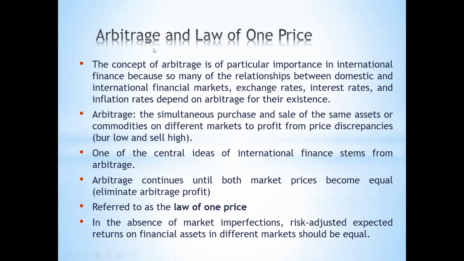If you go back to your session again, you can now understand why we say the exchange rate is determined based on interest rate and inflation rate. And all these things depend on arbitrage experiences. Right? So arbitrage leads to the law of one price. So actually this law of one price is reflected through our exchange rate.